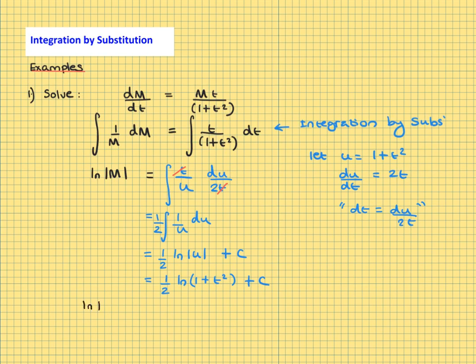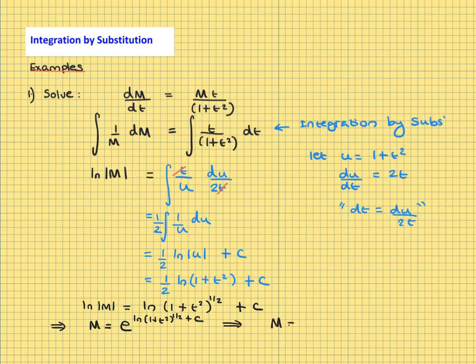So ln of mod m is equal to ln of 1 plus t squared to the power of a half, or the square root if you prefer, plus this constant, and then we will take e to the power of both sides, so we have m equals e to the ln 1 plus t squared to the half plus c, all in the power, and of course you've seen this before.